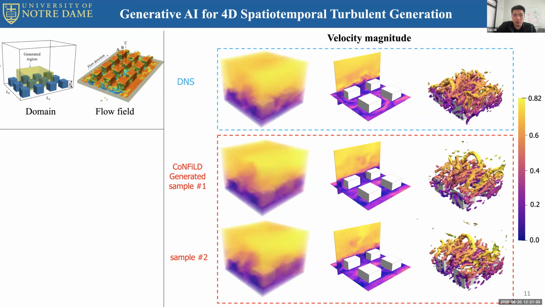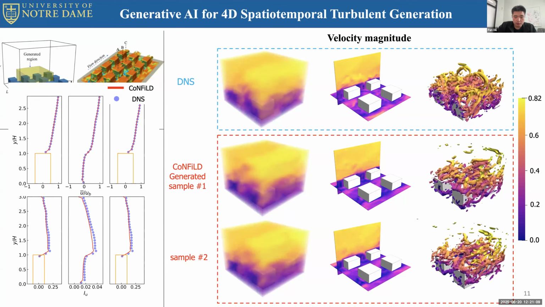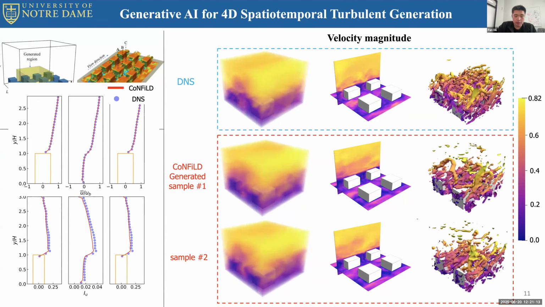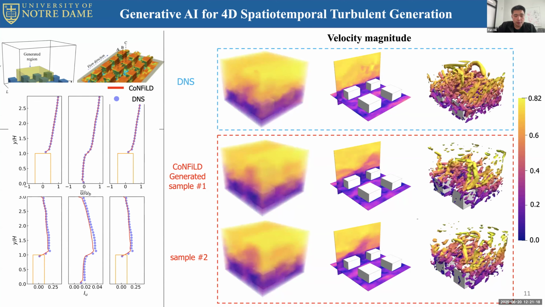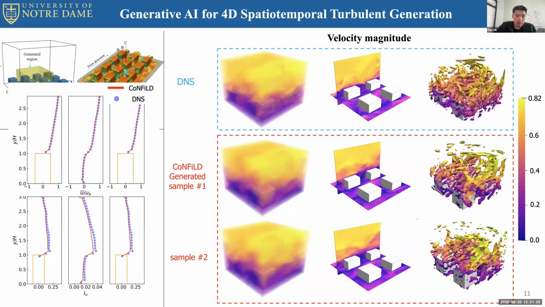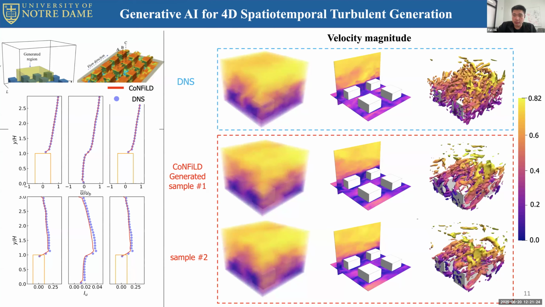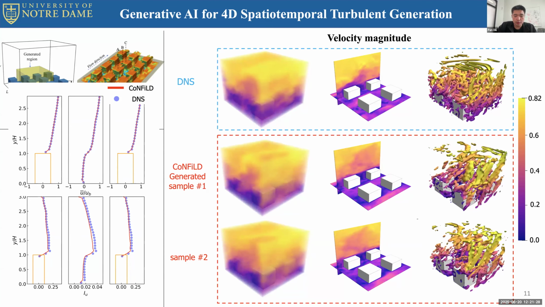You can see that the DNS simulation is different from the CoNFiLD generated flows. However, the CoNFiLD generated flows preserve similar turbulence coherent structures as the ground truth. And if you plot out the velocity mean and fluctuations in the flow field, you can see on the left side that our prediction and the ground truth align very well.